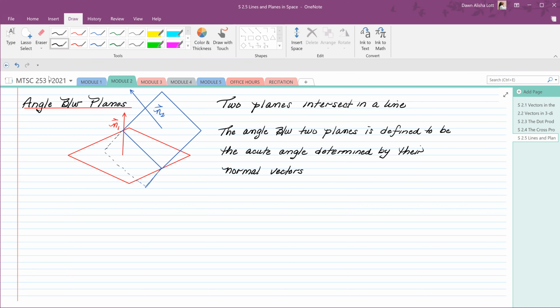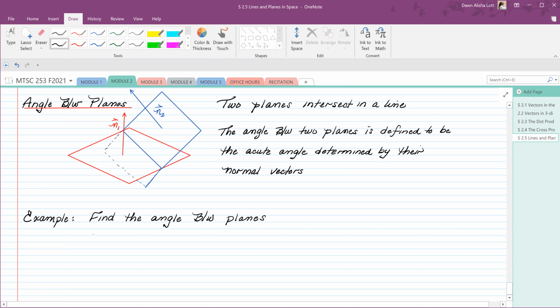So an example would be: find the angle between the planes.